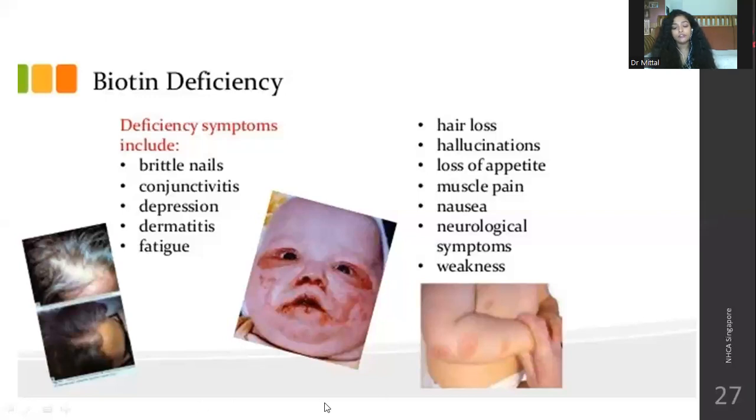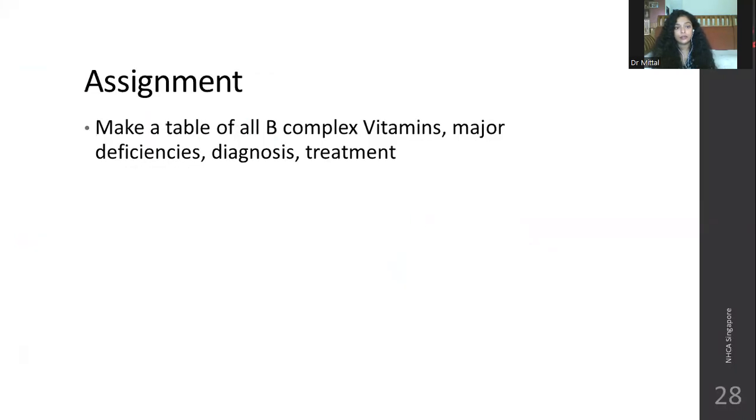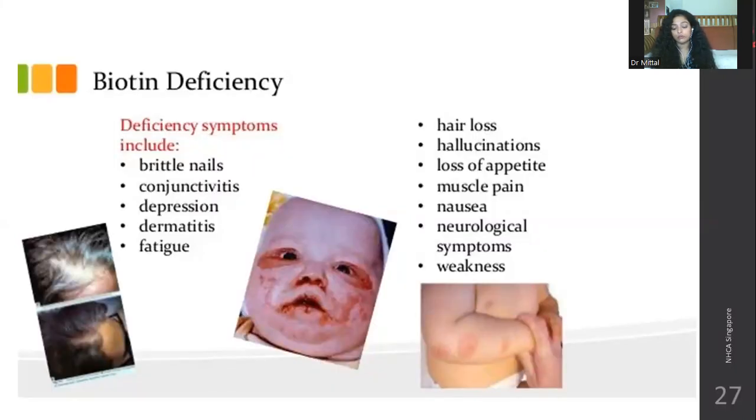So the RDA for biotin is around 25 micrograms for adults, and for infants it is 15 to 25 micrograms. The biotin-rich foods: egg, paneer, khoya, walnut, pista, button mushroom, yellow capsicum. These all are good sources of biotin.